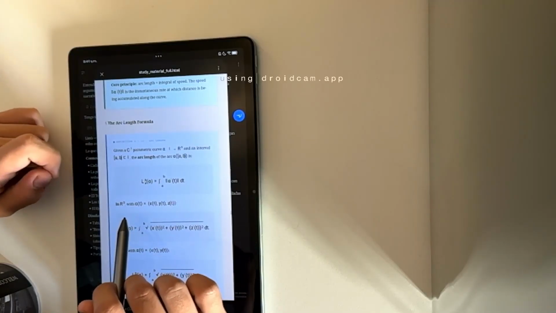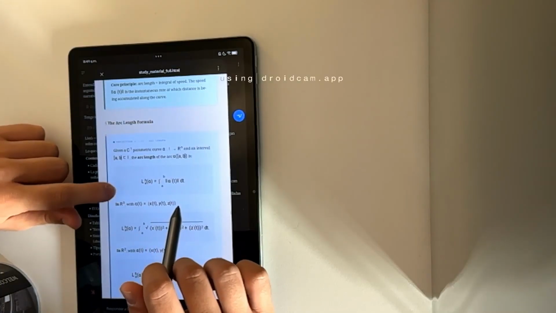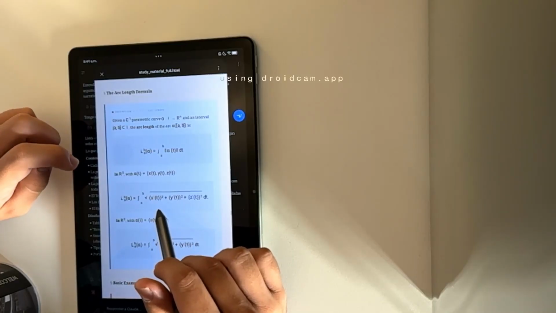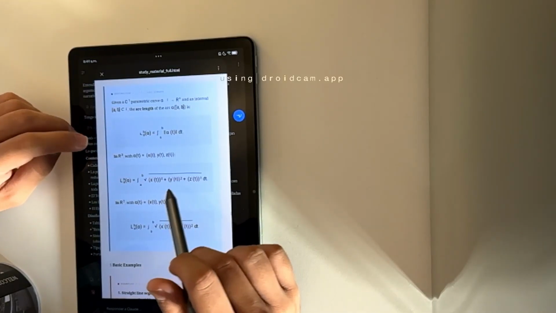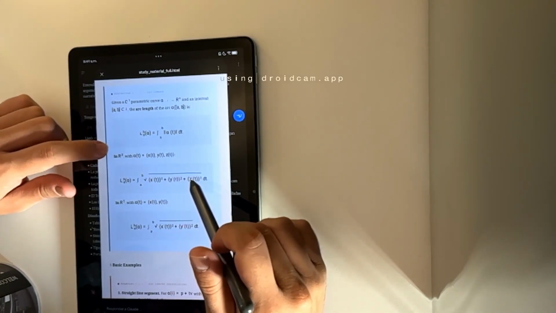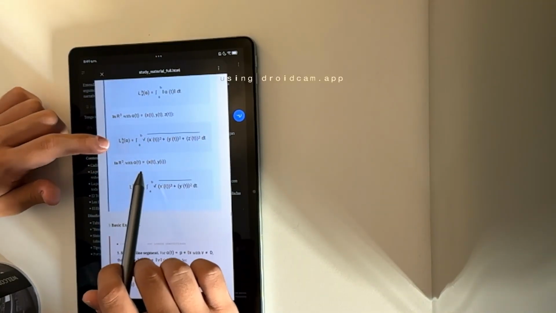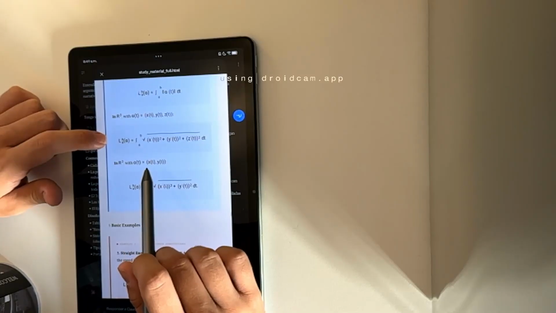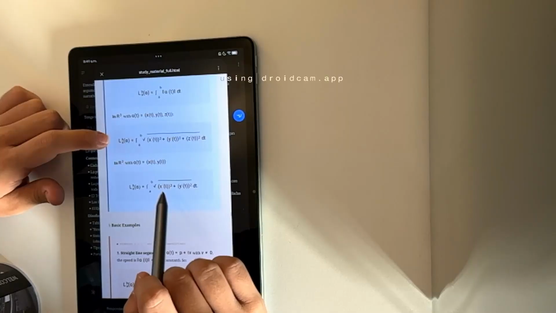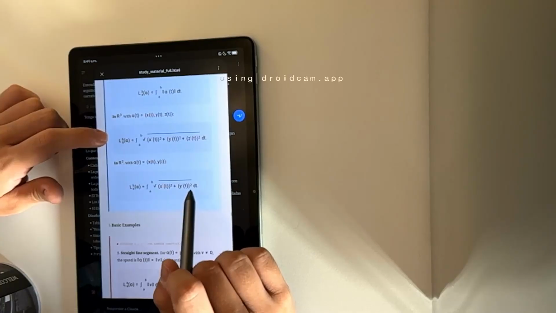In R3, with alpha of t equals x of t, y of t, z of t, the norm is the root of x prime of t squared plus y prime of t squared plus z prime of t squared. In R2, with alpha of t equals x of t and y of t, the norm is the root of x prime of t squared plus y prime of t squared.